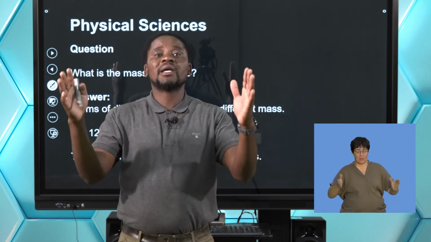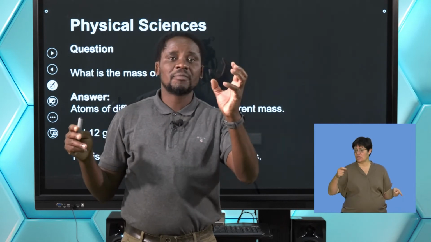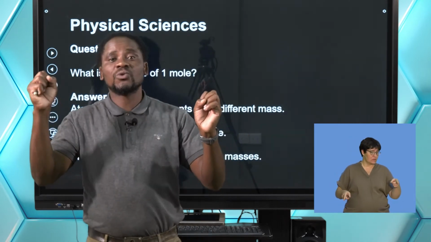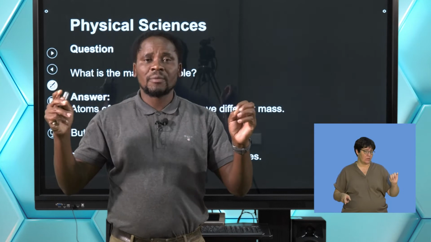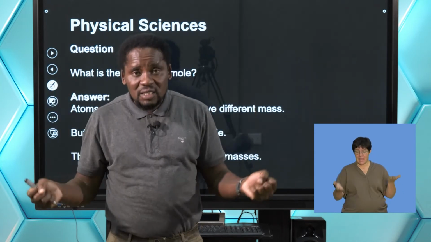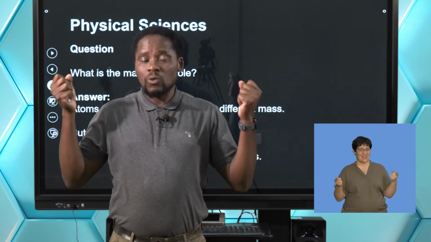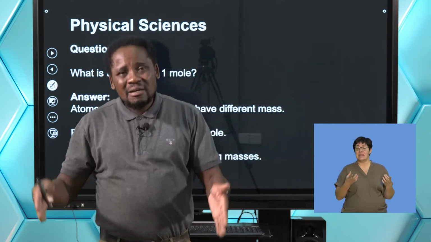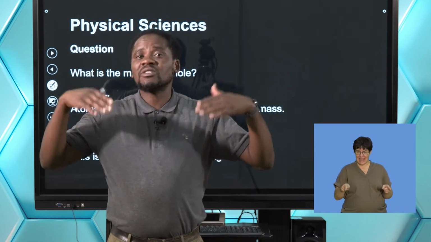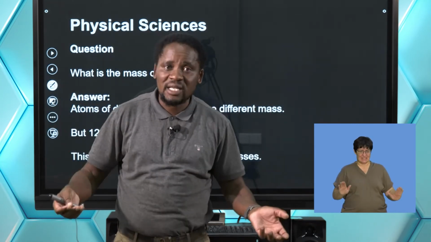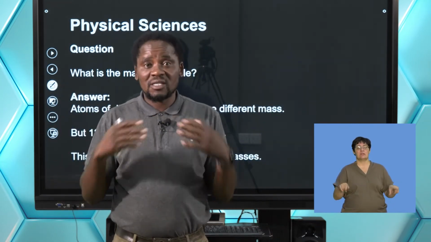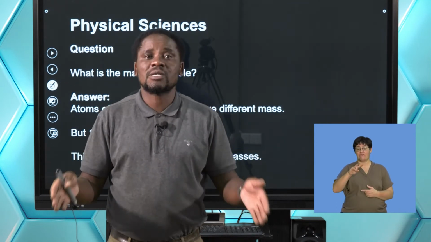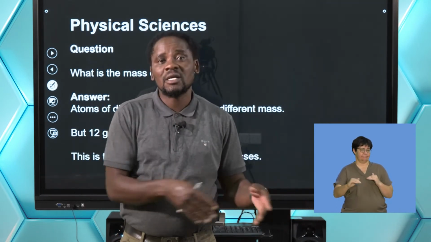However, by comparison, if we look at atoms that make up magnesium and compare them to those that make up sodium, they are different. So the mass of each atom will differ for the 2 elements. However, the number of atoms, no matter how different they are in terms of mass or size, that make up a mole will remain the same.